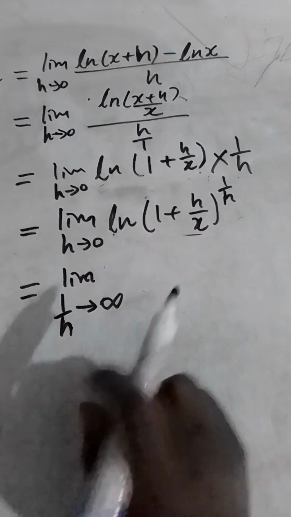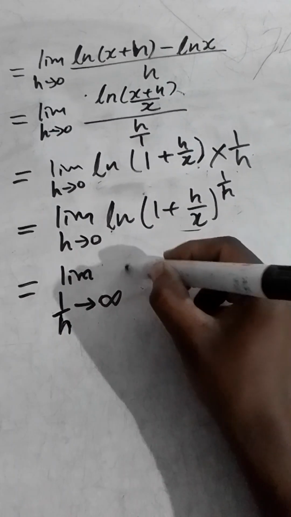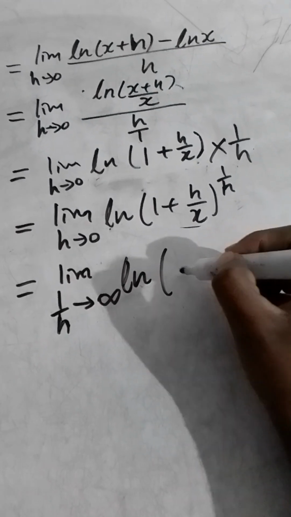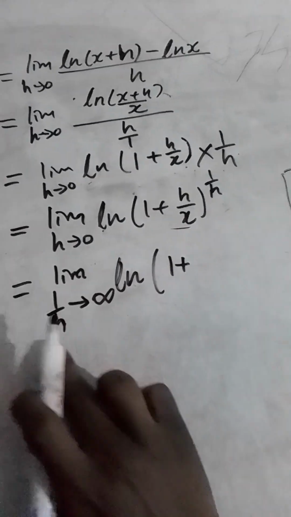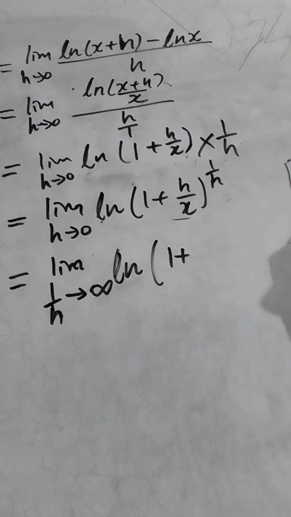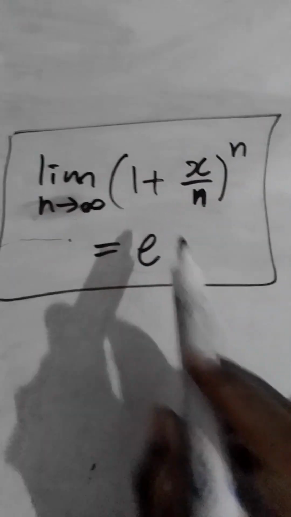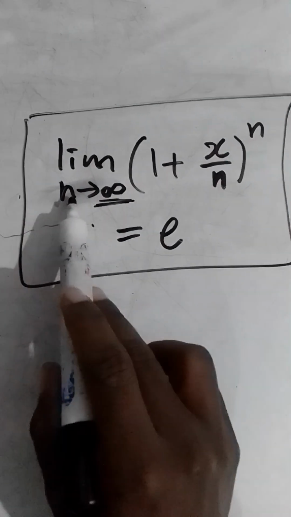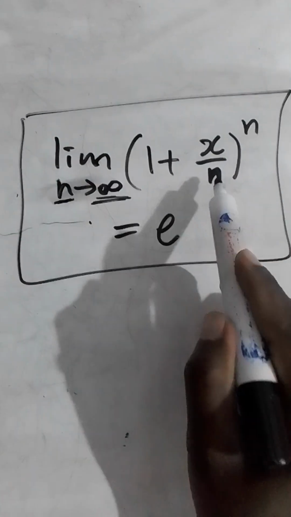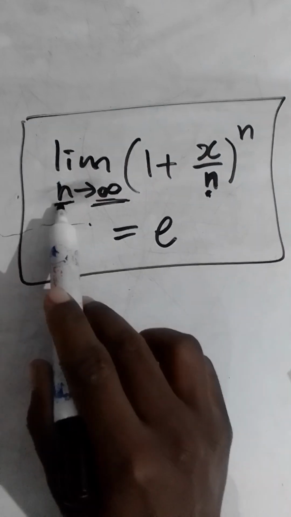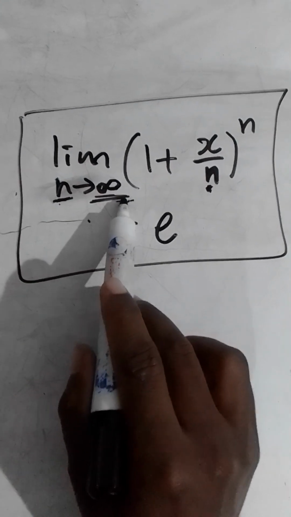After changing this to 1 over h, what we can have here is ln. Then also here we want what? 1. We change to 1 over h so that we have infinity, so that it looks like this one. In order for us to use this result, we need to have the n, which is at the bottom, becoming infinity. Now, as h approaches 0, we know that 1 over h approaches infinity.